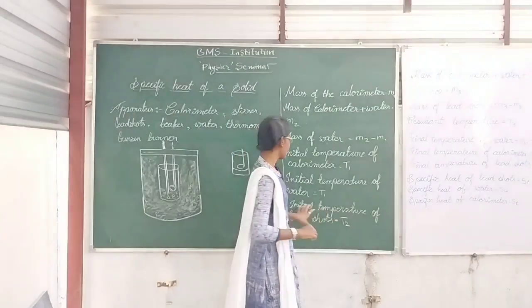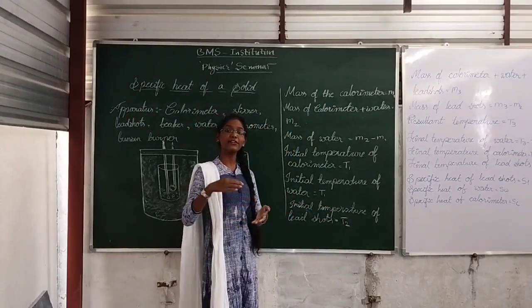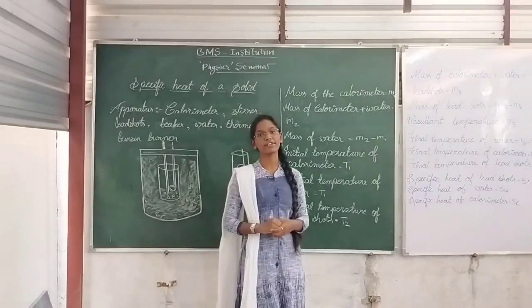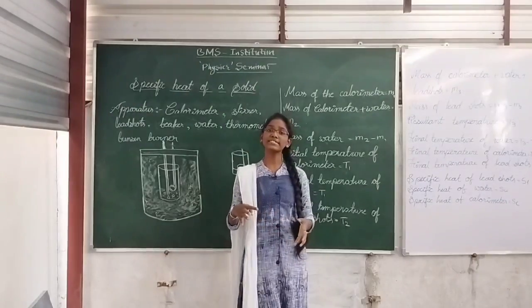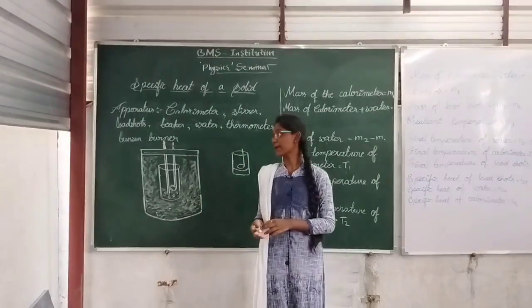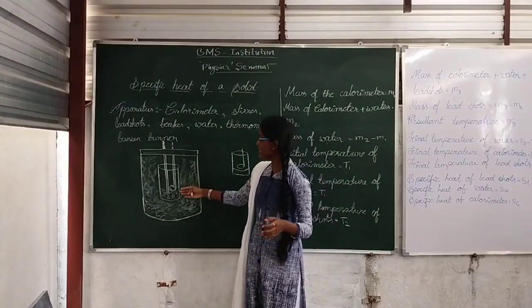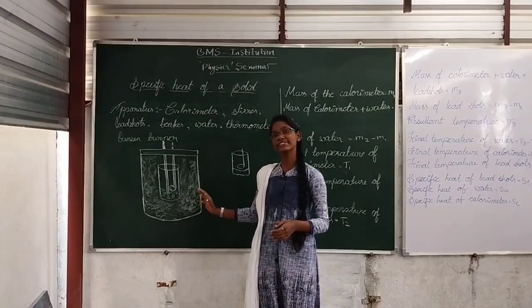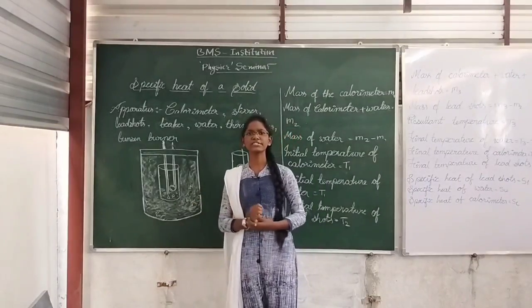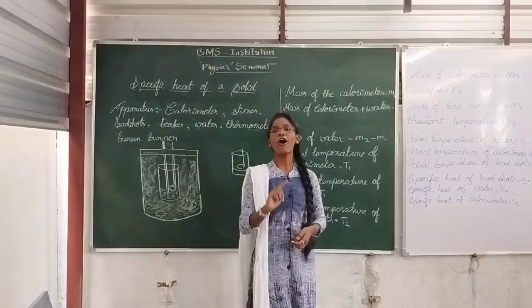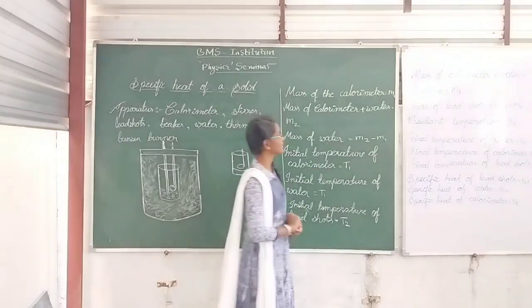The lead shots will lose heat and the calorimeter plus water gains heat, so the temperature changes. The temperature of the lead shots and the temperature of the calorimeter plus water have changed. Now what will be the temperature of them?